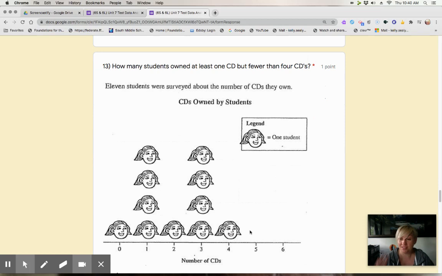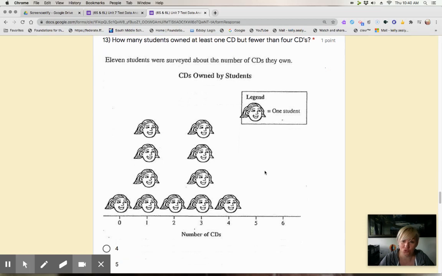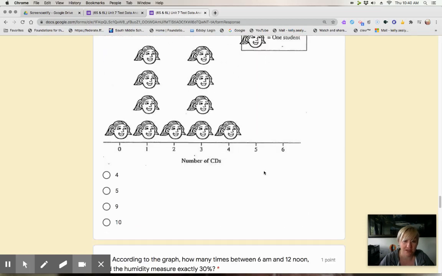That means you don't include the student that has 0 because they don't own at least 1, and you don't include the student that has 4 because it says they have to be less than 4. So you count all of these: 4, 5, 6, 7, 8, 9. You check the legend: 1 child's head is equal to 1 student. So it should be 9 students who have at least 1 but less than 4.